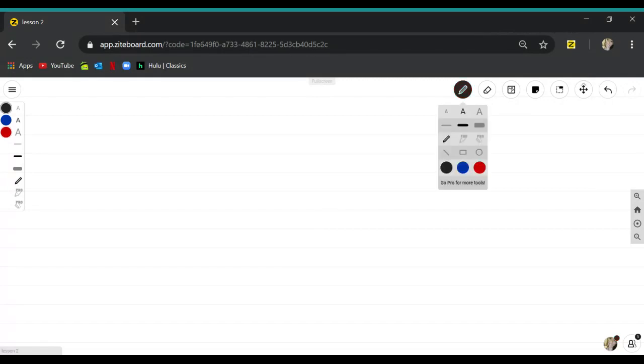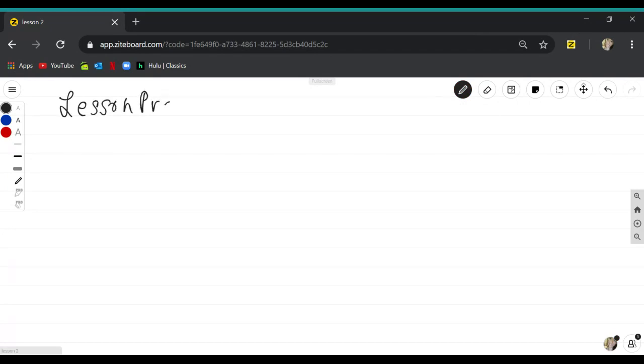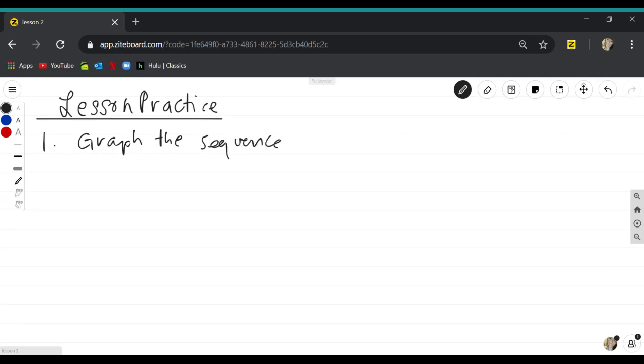So this is part of your lesson practice. This is what you'd be doing on the forms. The lesson practice, actually all of them say, graph the sequence. So it's telling us what we just did right now on the problem.